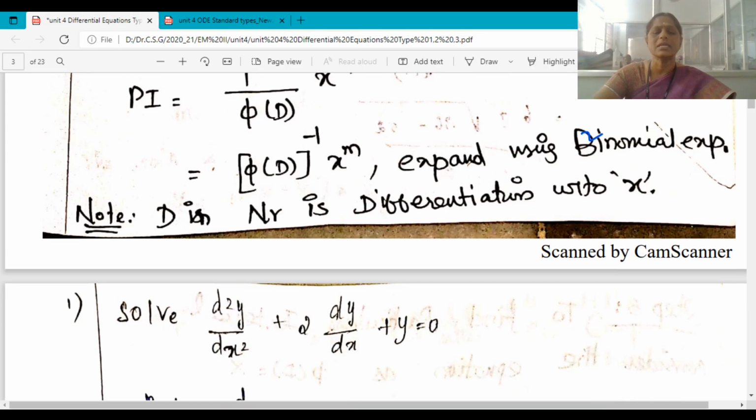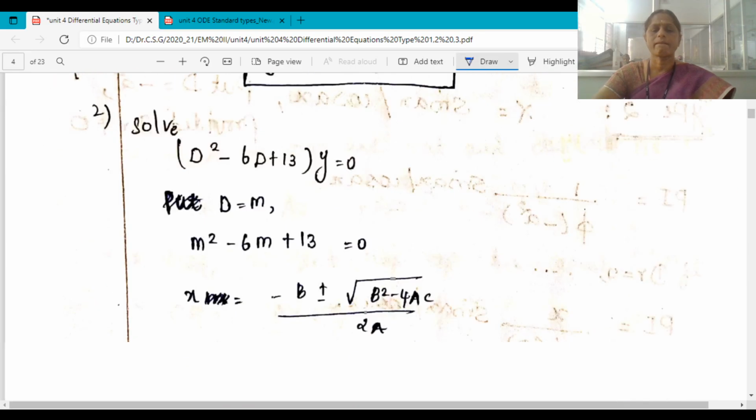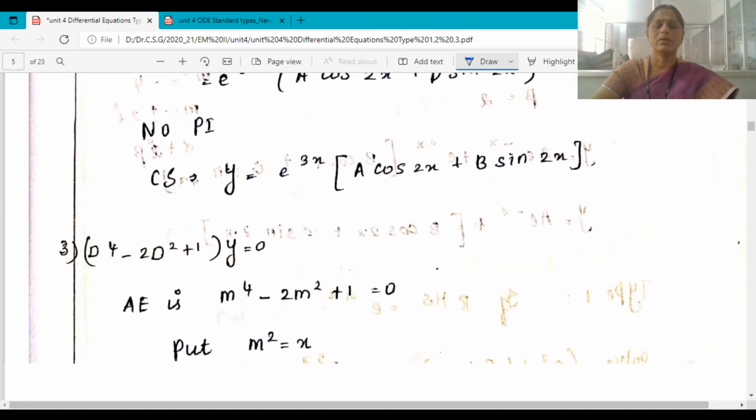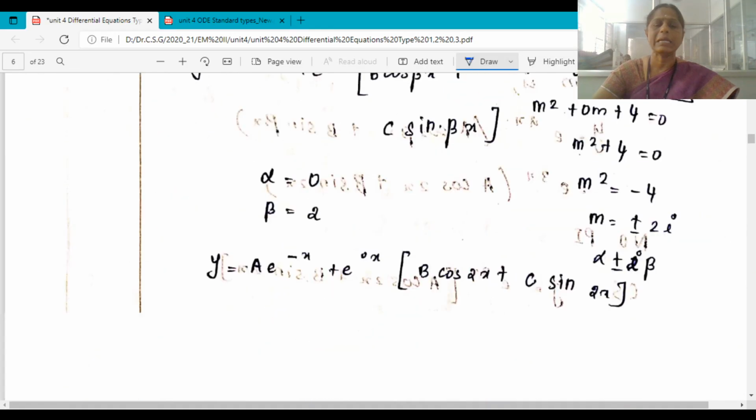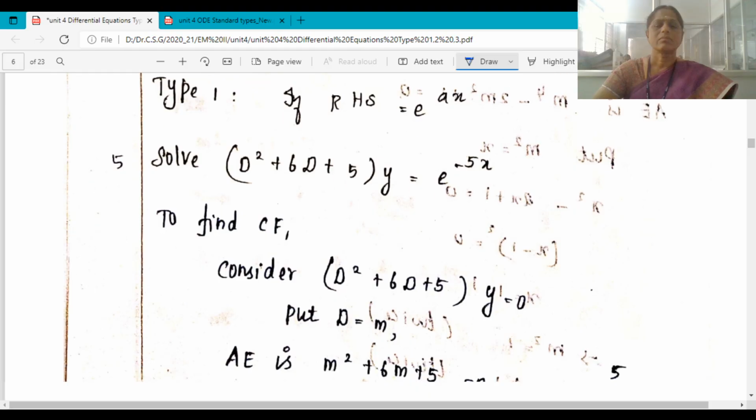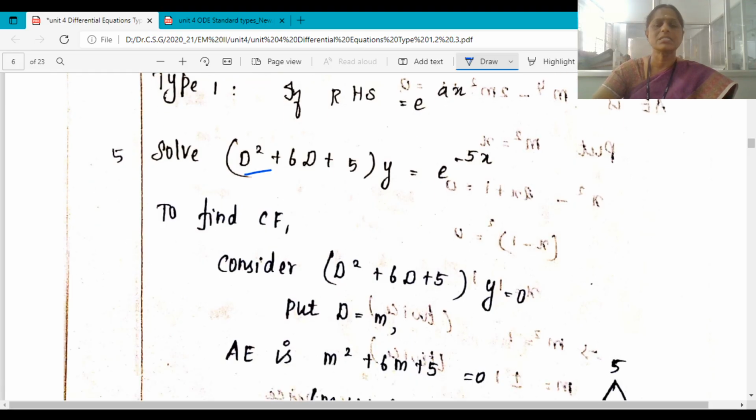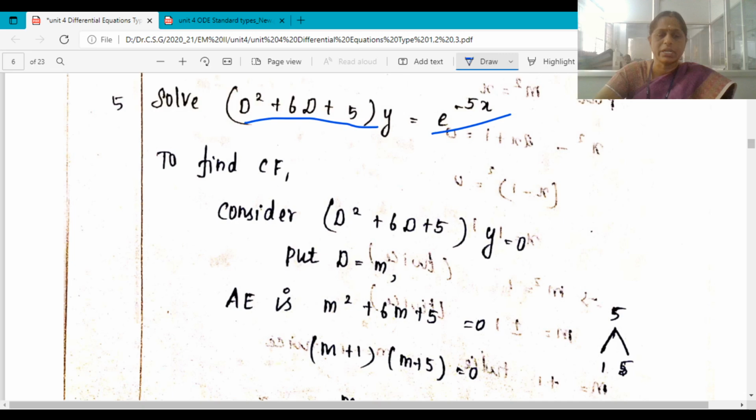Now let us see some examples. For e^(ax), the problem is (D² + 6D + 5) y equal to e^(−5x). First we look for the complementary function. Consider the homogeneous equation (D² + 6D + 5) y equal to 0.